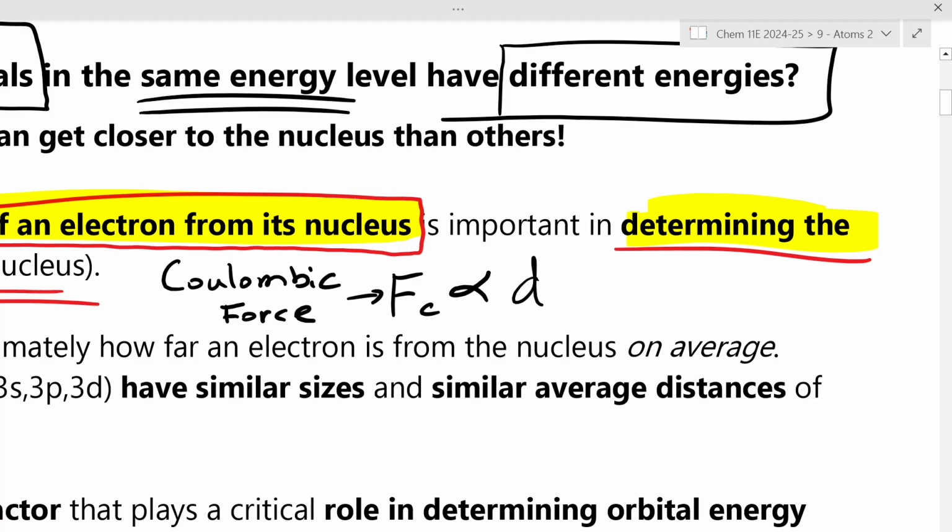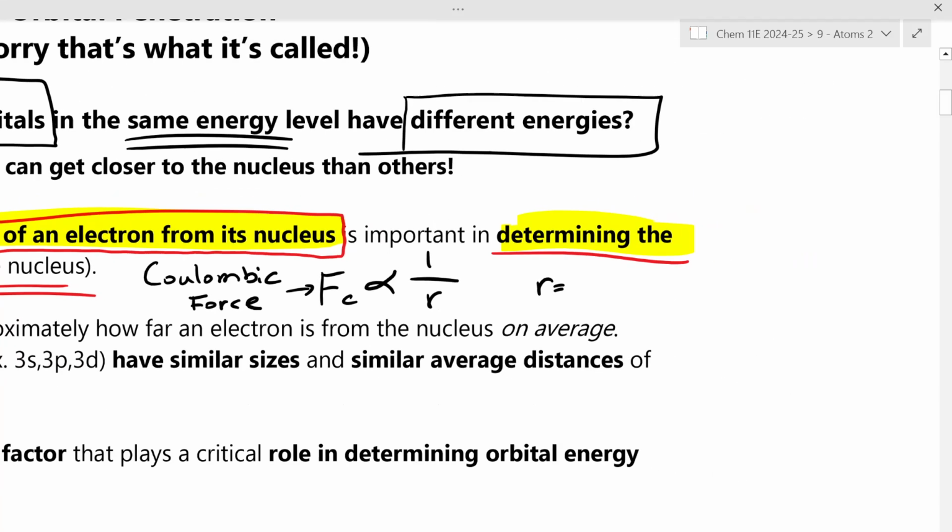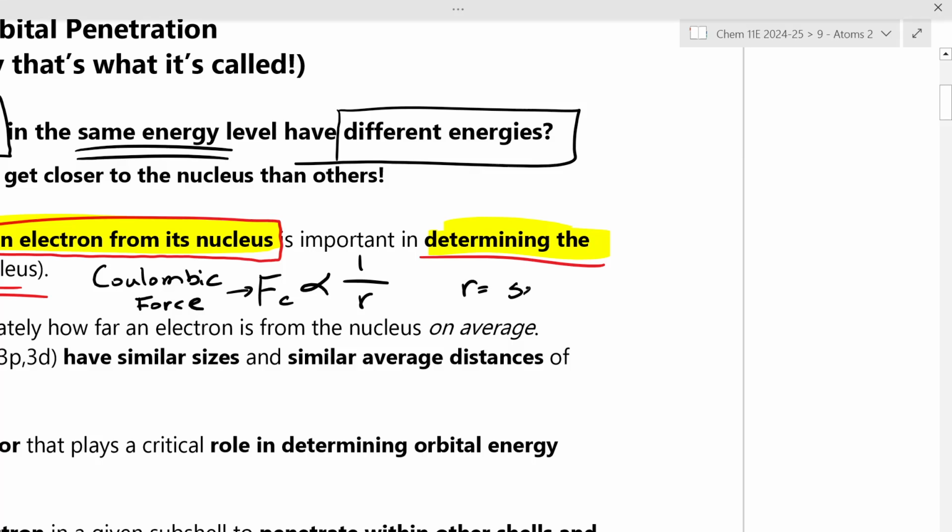No. As distance increases, the force decreases. I'm just going to write it down because I'm not saying it, and I'm going to write it as an r because that's how it shows up on your formula sheet, and that's where r is the separation distance between charges.